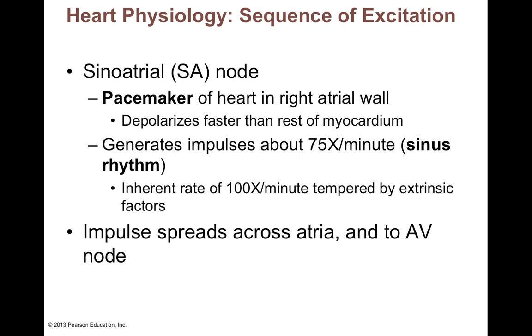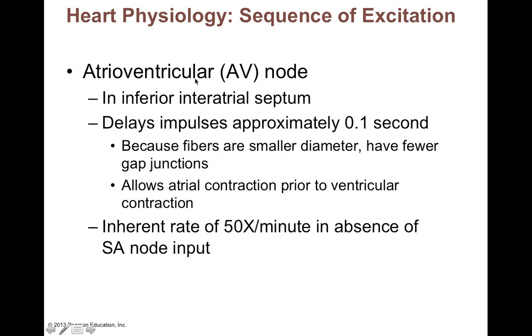So remember, the SA node is what's going to generate pacemaker action potentials. But the pacemaker action potential, once it gets to a cardiac muscle cell, will generate a cardiac action potential. And those will spread across the atria until they get to the AV node, where you're back to another pacemaker action potential. Okay?